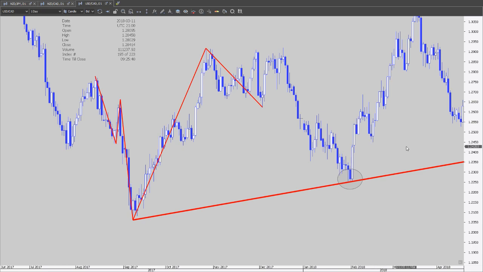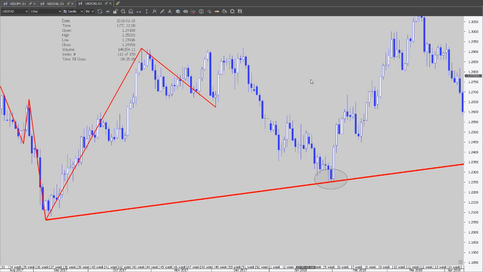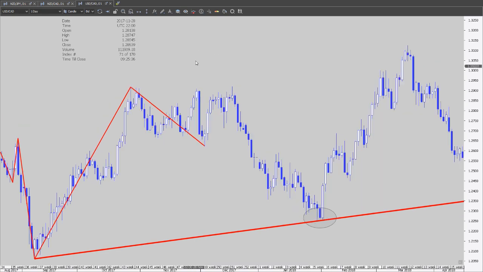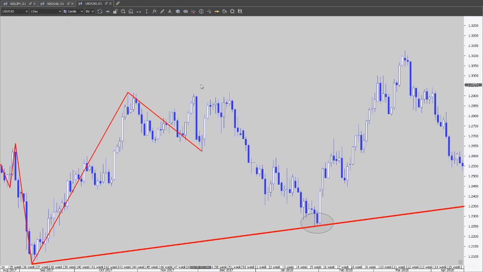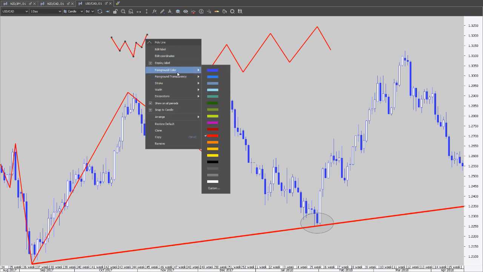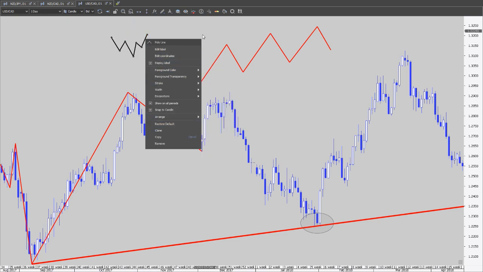Well, I want to show you that every time the market comes out of the retracement, so extension, retracement, extension, retracement, extension, retracement, every time the market comes out of the retracement, it crowns.